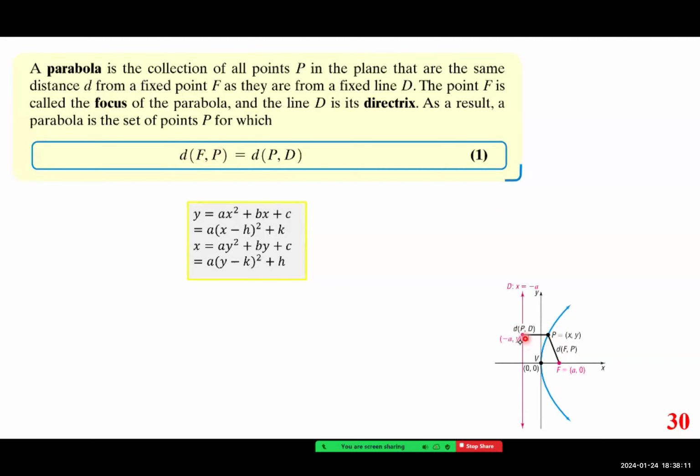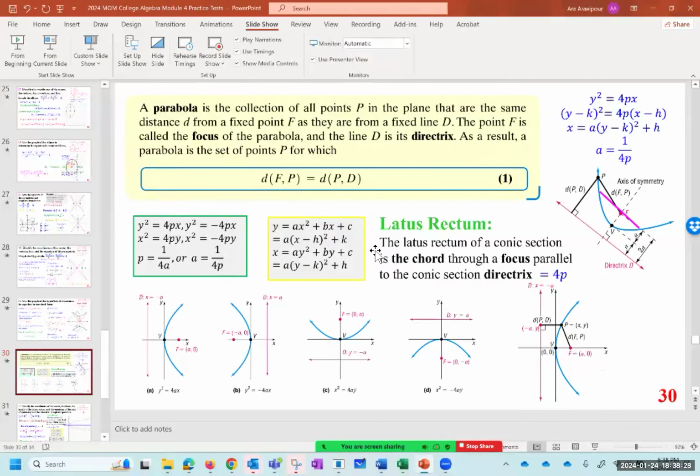That is the definition. If I pick a point here and drop a perpendicular to the directrix and draw this line, the distance from that point to F is the same. If I pick it from here, this distance and this one are the same, and so forth.